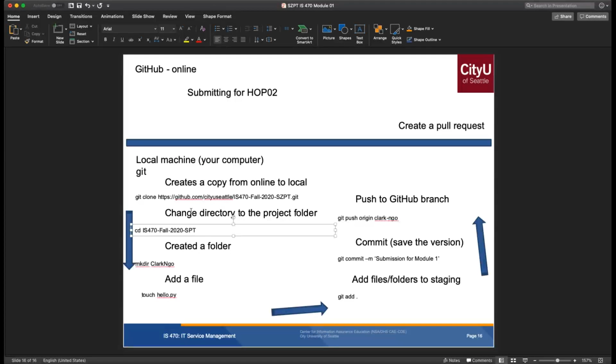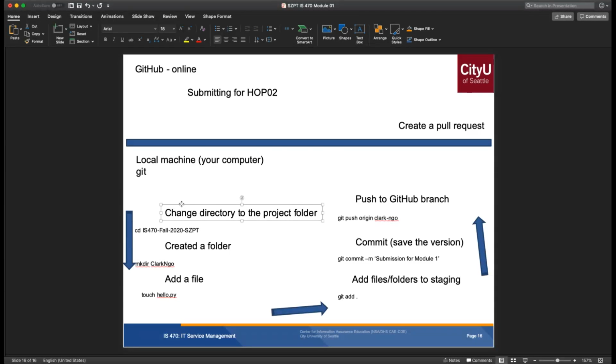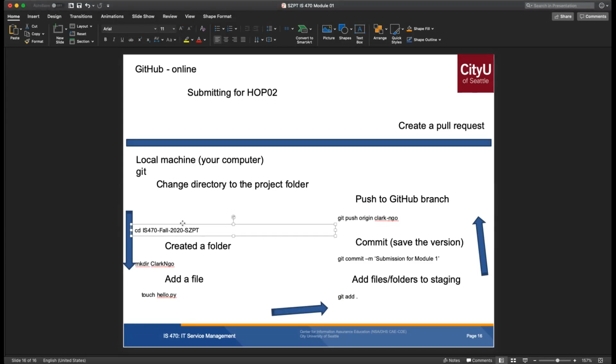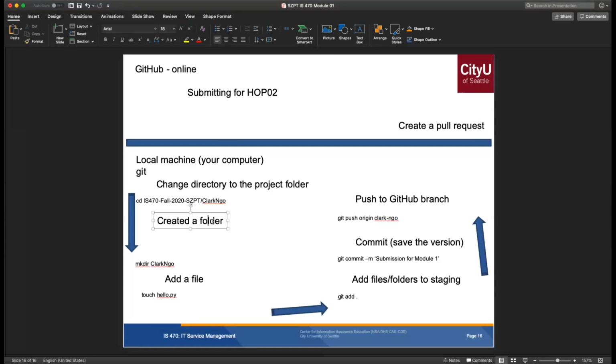So now, maybe just make sure that you are in the folder, plus the branch name. So your own personal folder, right? Next is you still want to create a folder for the module submission.